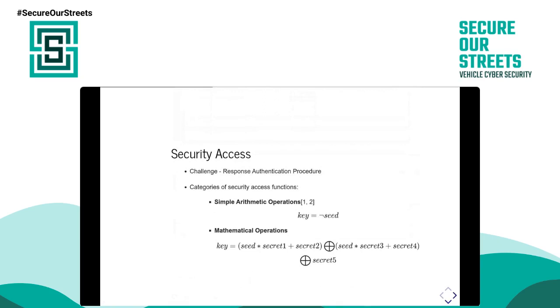Security access is another example, and we categorized four major kinds of security access that we see in automotive. Either very simple arithmetic operations where the key is not the seed, or mathematical operations where the seed is multiplied and added by some secret numbers and then XORed with other parts.